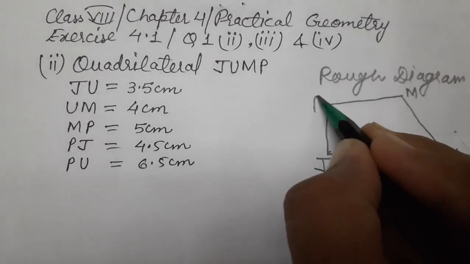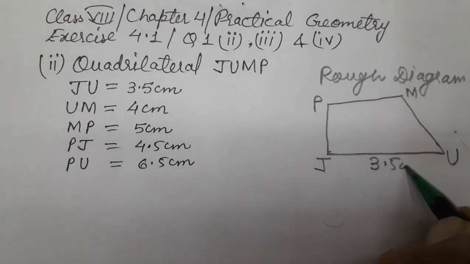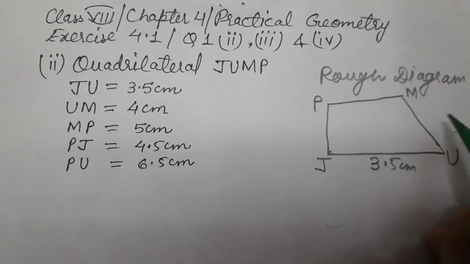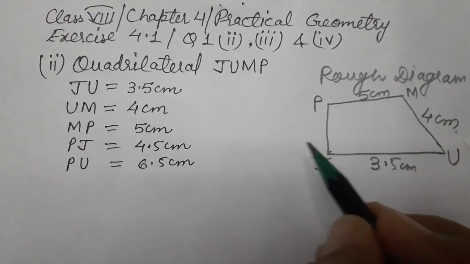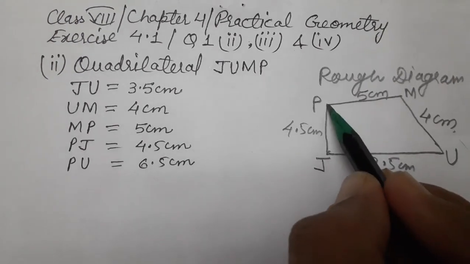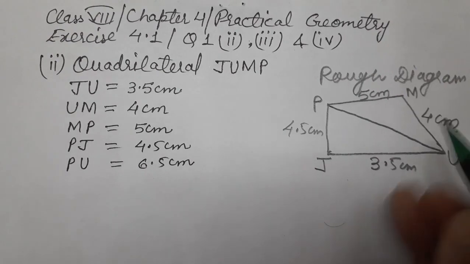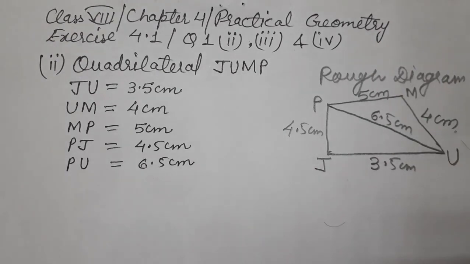JU 3.5, UM 4, MP 5, PJ 4.5 and PU. PU is given to us as 6.5 cm.